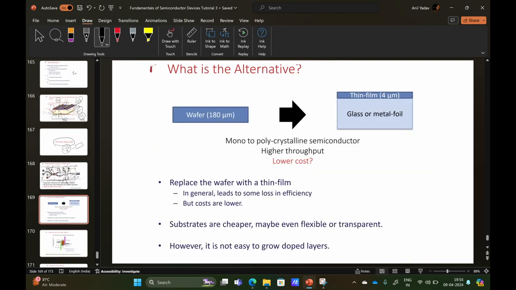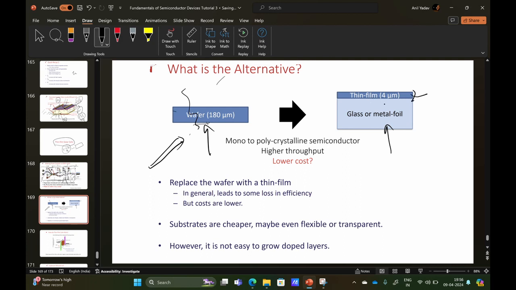Now, the silicon solar cell wafer is around this much thickness, which absorbs the light. It takes this much thickness of wafer to absorb the light. But what if there is a glass or metal foil, just a glass which is not that expensive, you can get it very easily, and just paint a thin film of material.